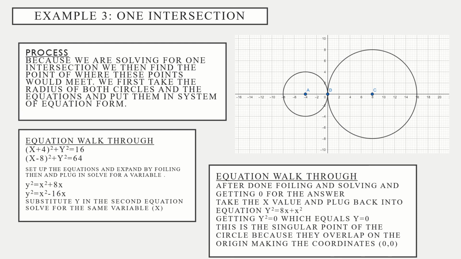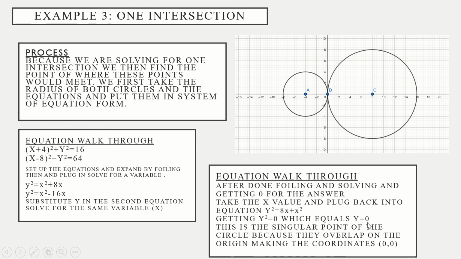Because they're equal to each other, you just set them equal to each other and solve for the same variable x. After you're done FOILing and solving, you should be getting 0 for the answer. And then you plug 0 back into this equation. I just used it because it was easier. And you should be getting y^2 is equal to 0.